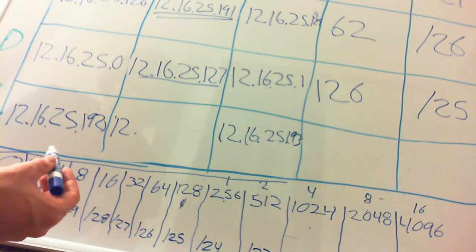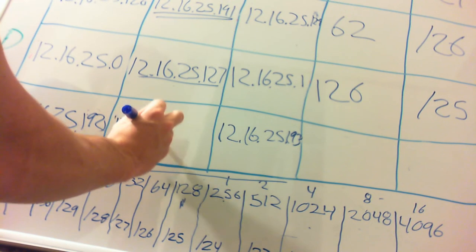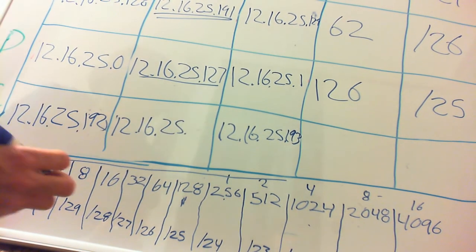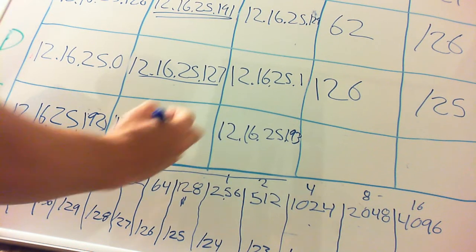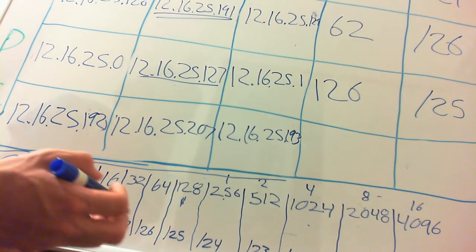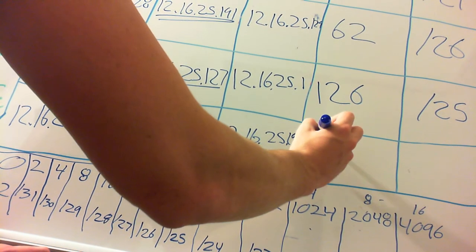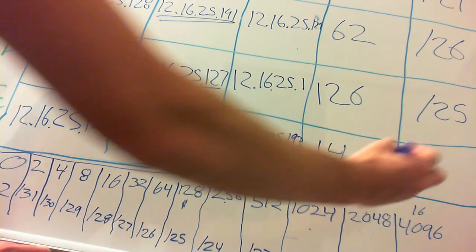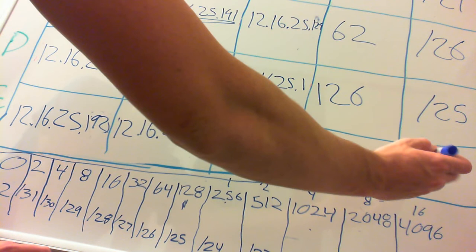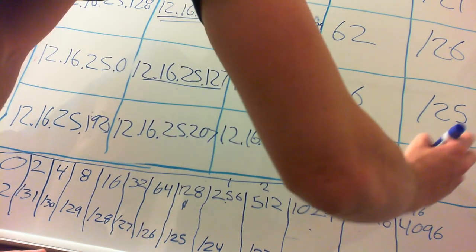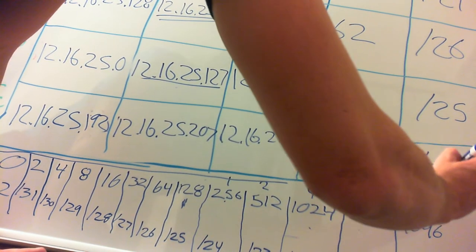Okay, that makes more sense. 16.25 and 15 makes that 207. Slash, we're at 14, this number less 2, and then that's /28.